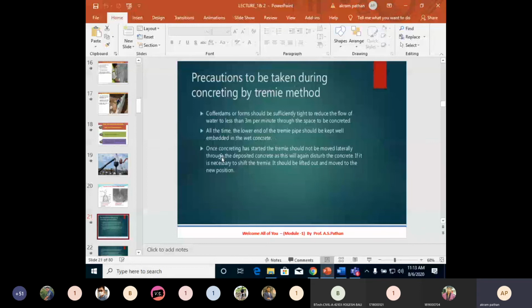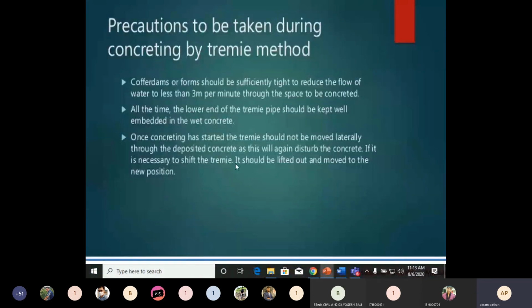Once the concreting has started, the Tremie should not be moved laterally through the deposited concrete, as this will again disturb the concrete. If it is necessary to shift the Tremie, it should be lifted out and moved to the new position.